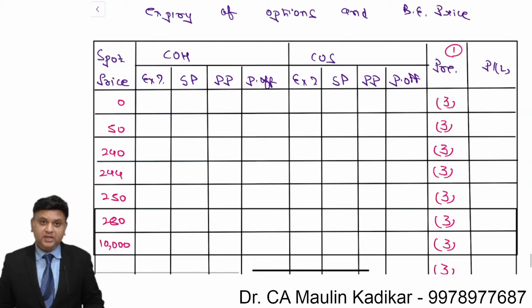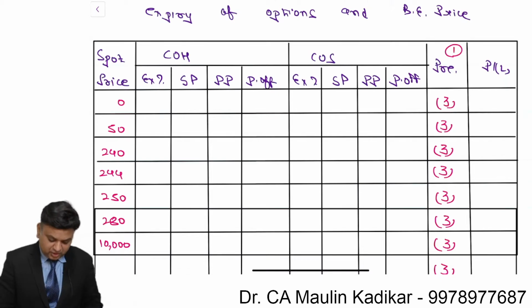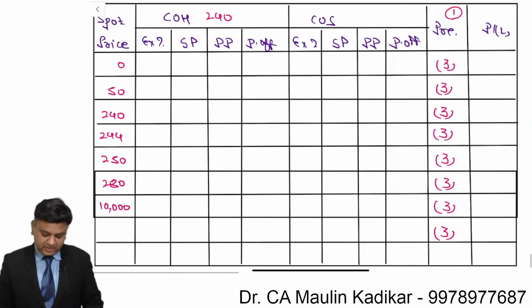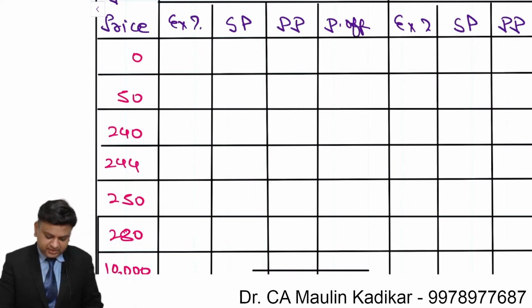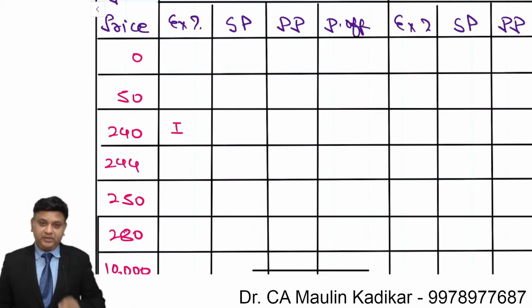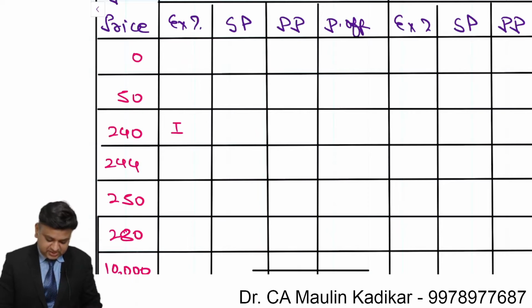Okay. Now you are the call option holder for exercise price 240. So when the spot price is equal to the exercise price, in that case you are indifferent whether to exercise the right or not. When the price is low, you will not exercise your right.